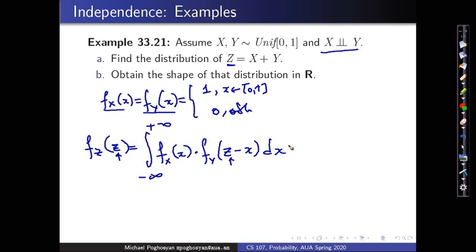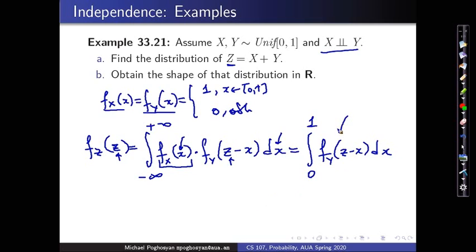Now we have that f of x is 0 outside of 0, 1. So I will integrate with x from 0 to 1. Otherwise I will have 0 here and the integral will be 0. So the integral is over 0, 1 of f Y at z minus x, dx.